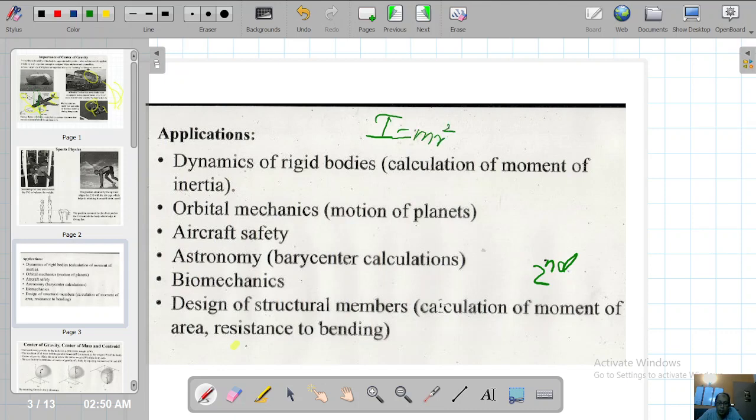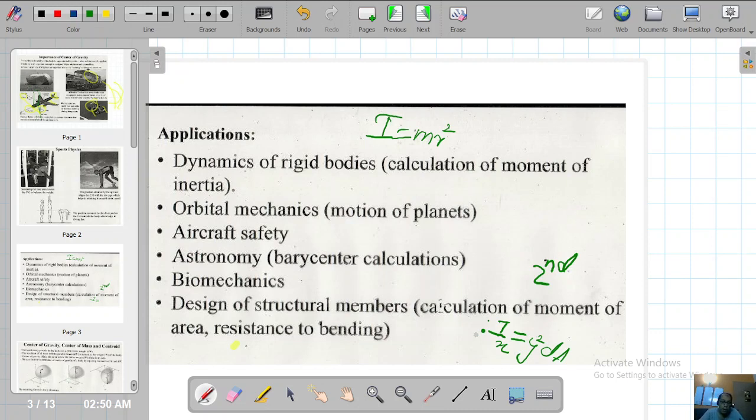And this second moment of area is also equal to, for any axis, you can say Ix is equal to integral of y square dA, and similarly Iy is equal to integral of x square dA.